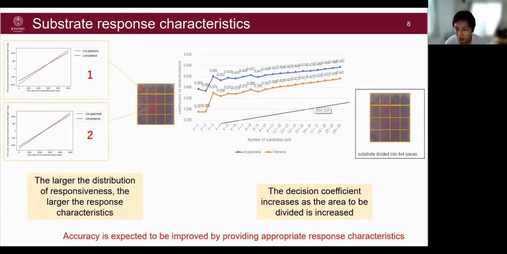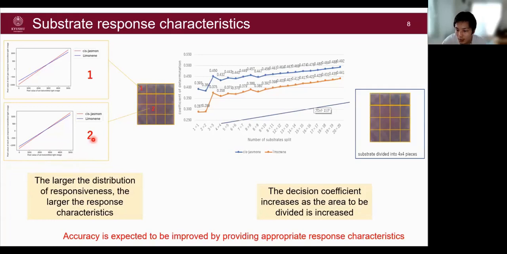Look at the left of the slide. The horizontal axis of the figure is the brightness value of the transmitted light when the gas is not exposed. The larger the value, the larger the transmittance, which is the area where the silver has not grown.